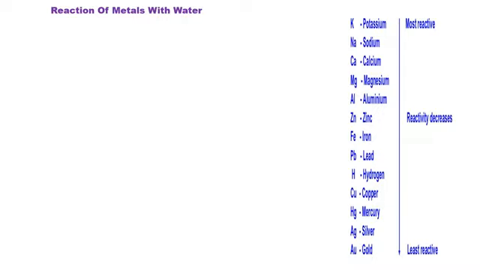Now children, let's take the reaction of metal with water. So let me take a pen first. Before we start the reaction, I want to tell you, for metal I am taking M, when metal reacts with water, it gives metal oxide plus hydrogen gas. So I'll write H2 here, right?